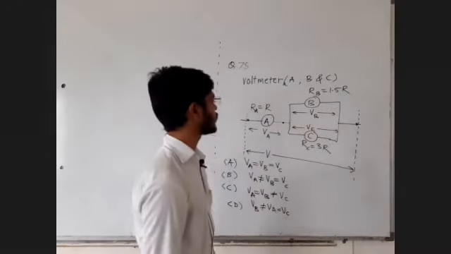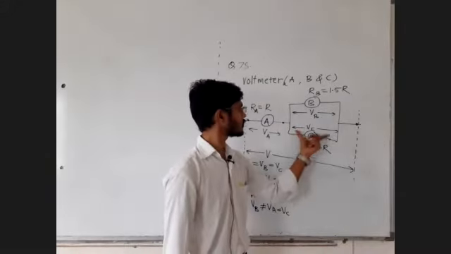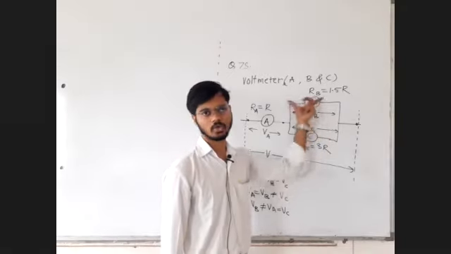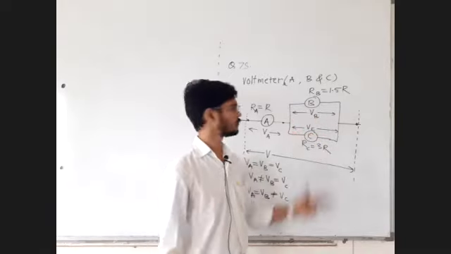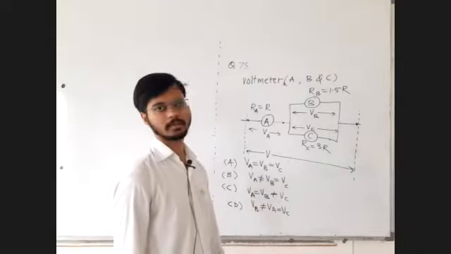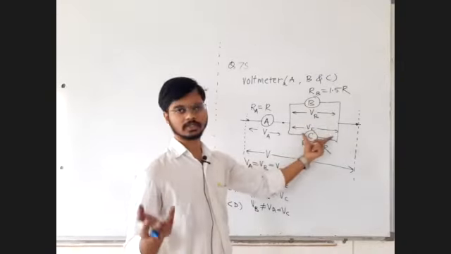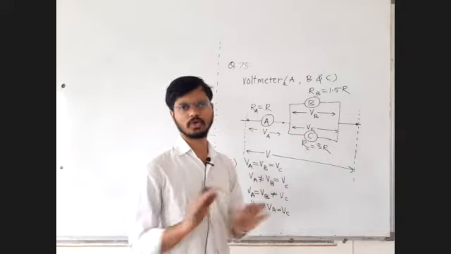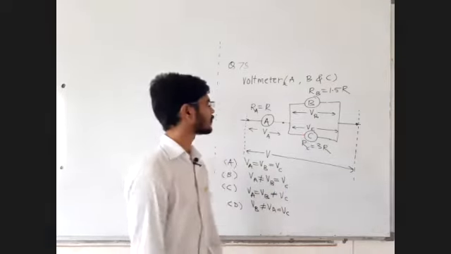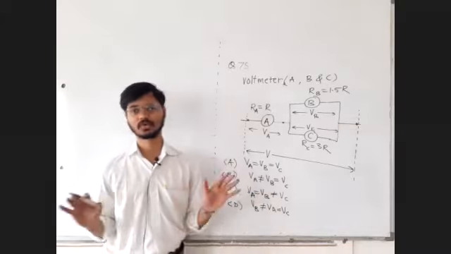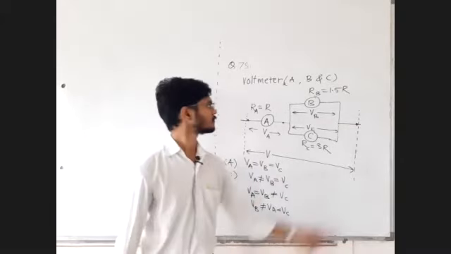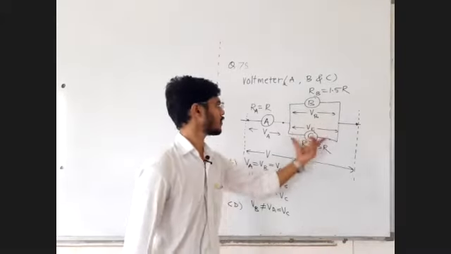The first and very simple thing is both these resistances are in parallel, so voltage across them will be the same. Agree, disagree? Reply in the chat box. These two resistances are in parallel. For us, ammeter, voltmeter, even galvanometer are ultimately going to be resistances. These two are in parallel, so voltage across them will be the same.